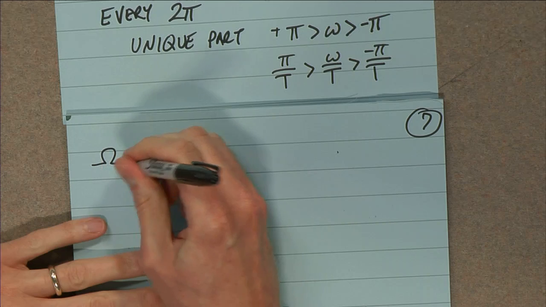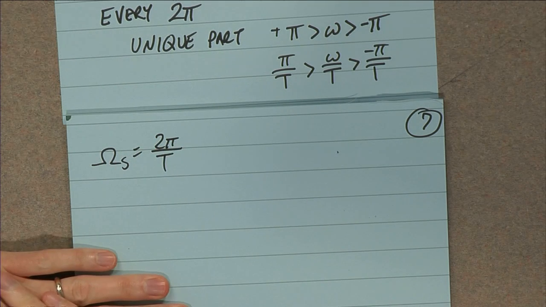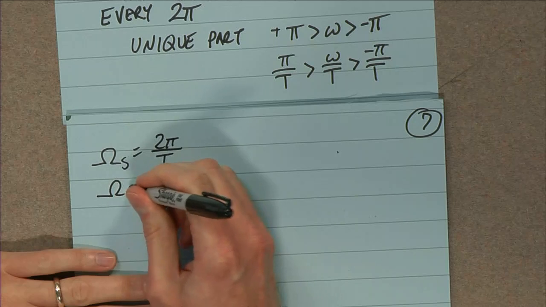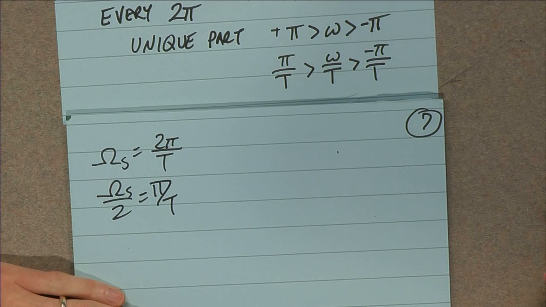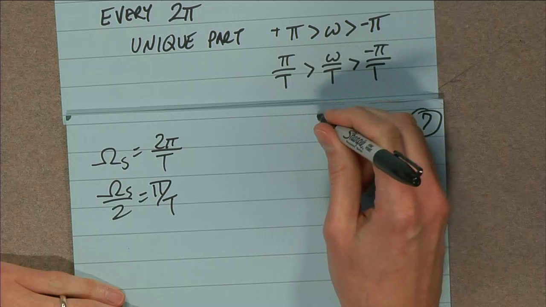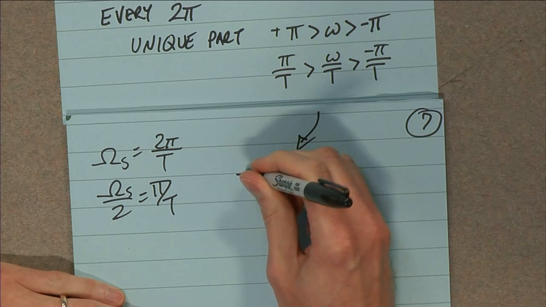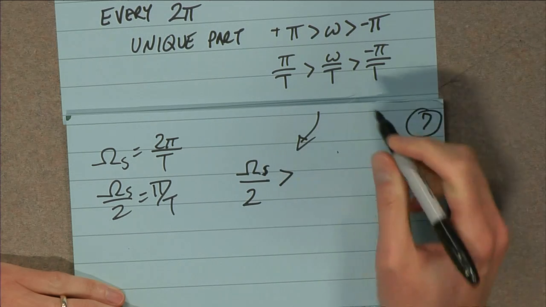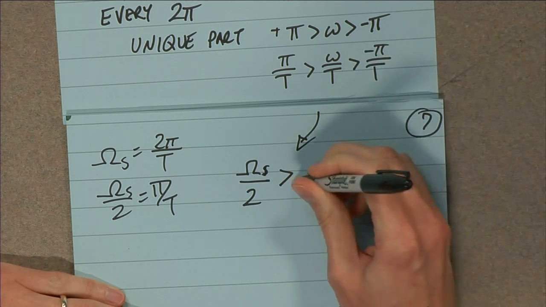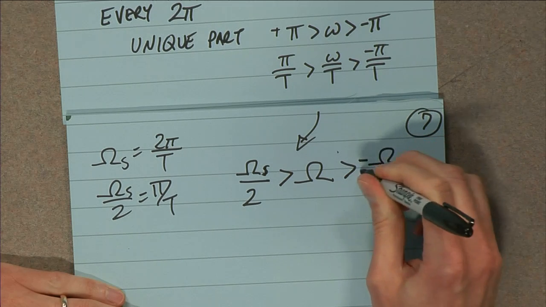Remember that omega s was 2 pi over T. So that would tell me that omega s over 2 is pi over T. So that means I can bring that down and say, let's go omega s over 2, and that's just omega, and that's minus omega s over 2.